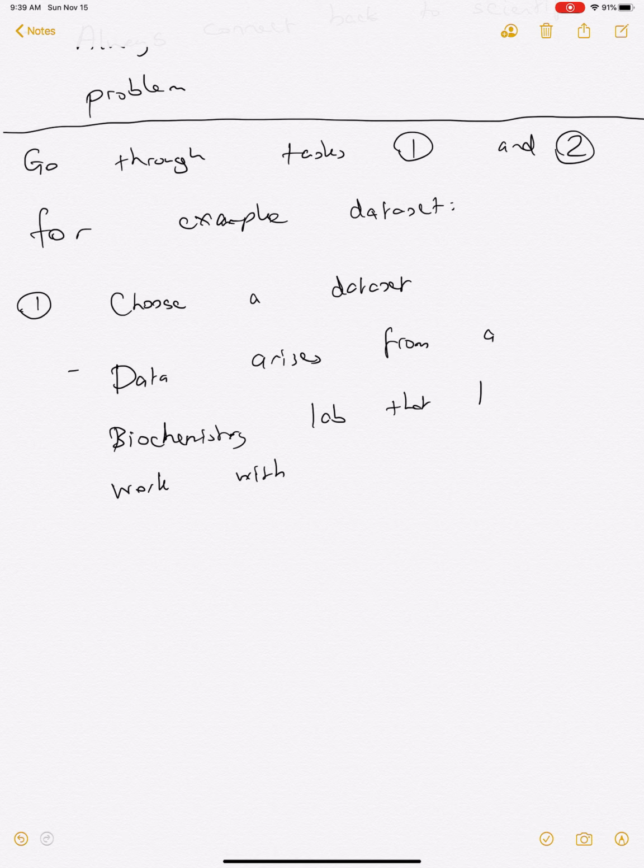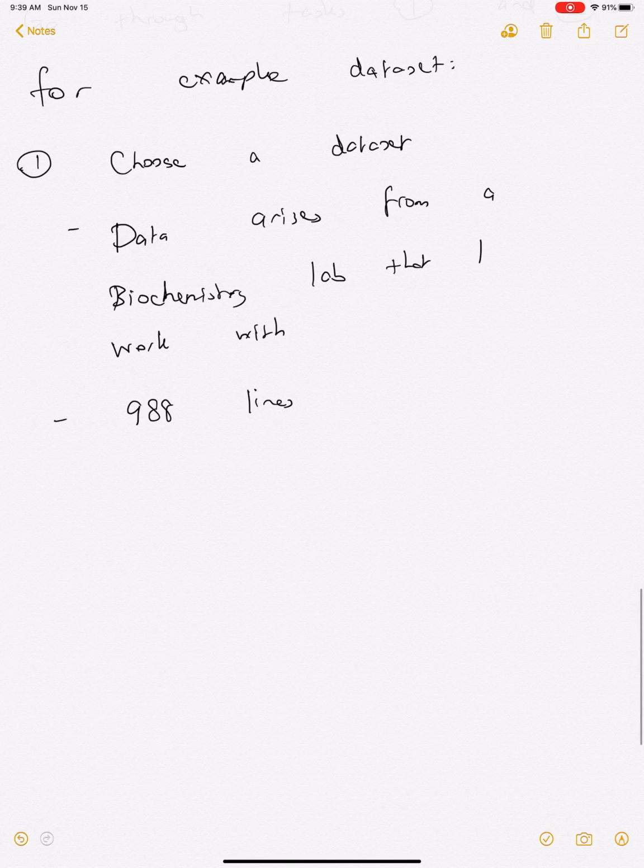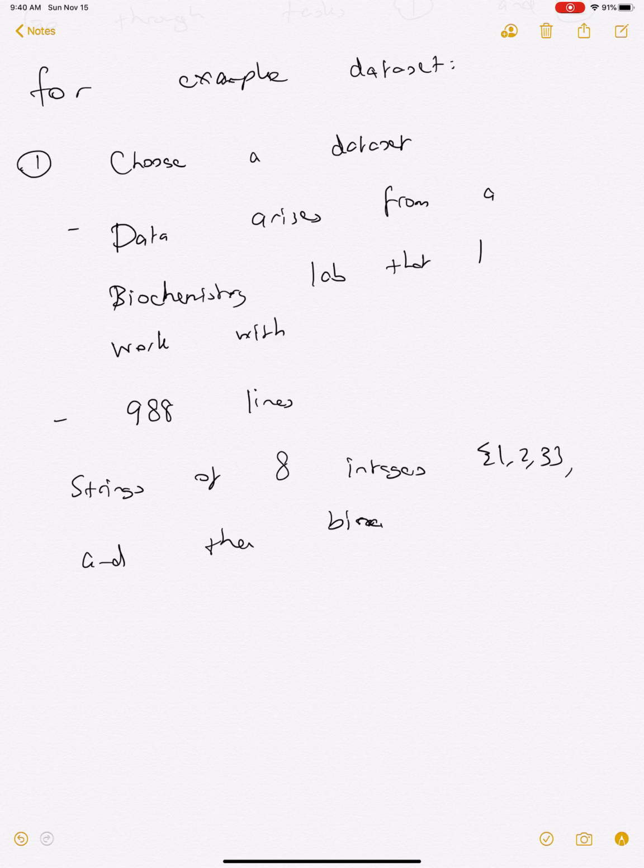If you look at the data very quickly, there's 988 lines. We have strings of 8 integers, 1, 2, 3, and then a binary variable 0, 1, and I'll talk about what that all means very shortly.